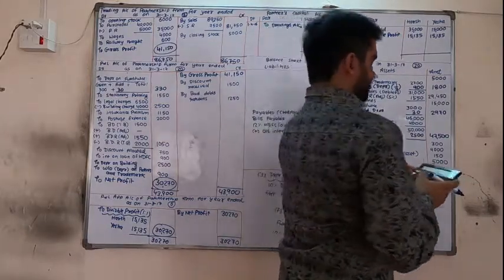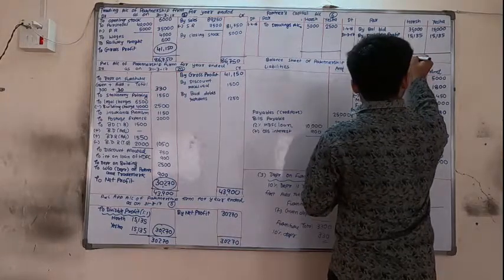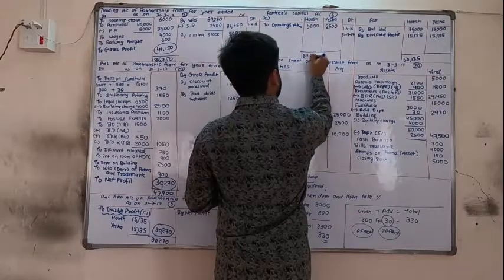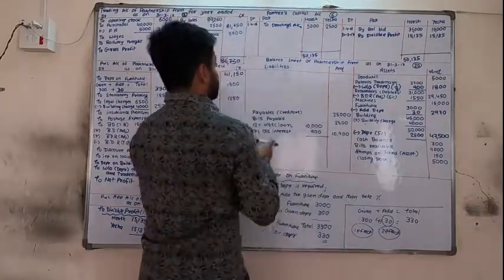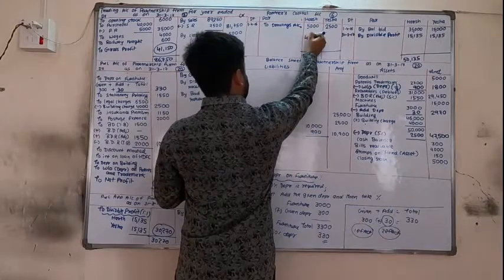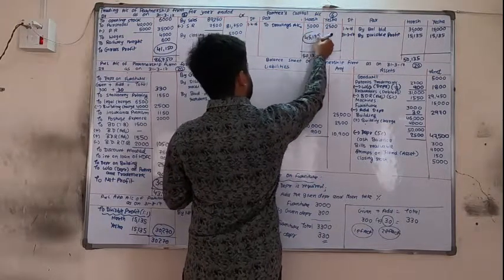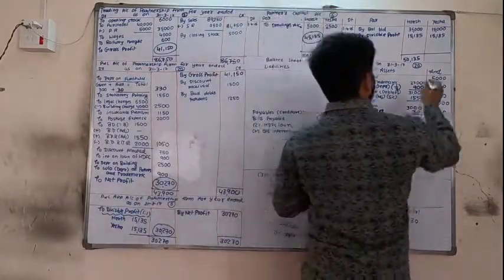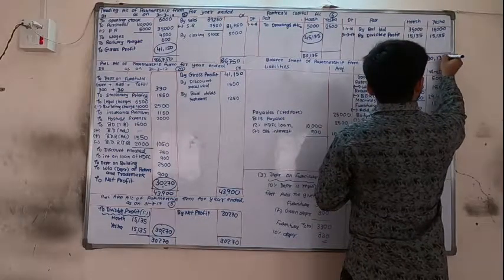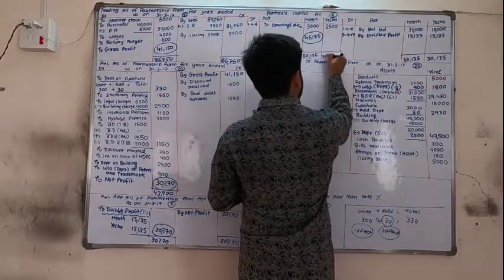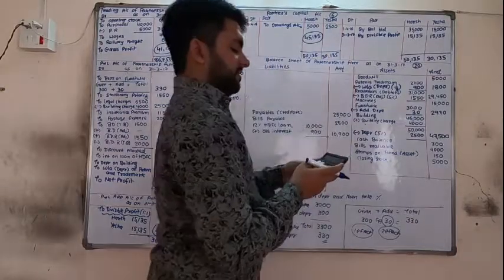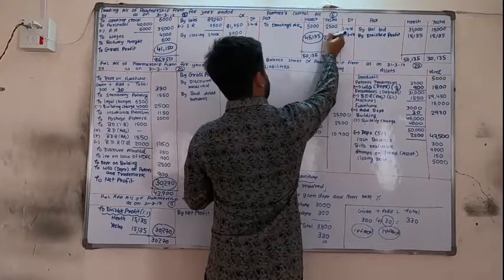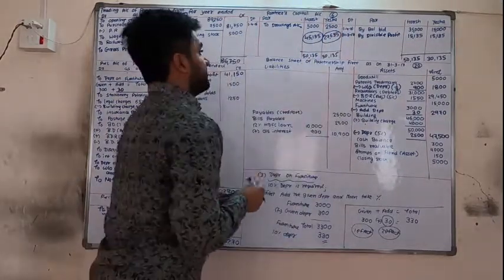35,000 plus 15,135 is 50,135. 50,135 minus 5,000 is 45,135. 45,135. 15,000 plus 15,135 is 30,135. 30,135 minus 2,500 is 27,635. 27,635.